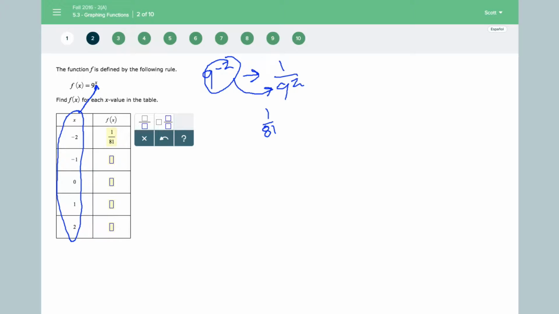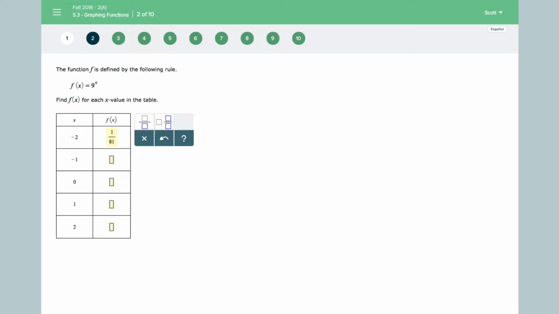Now, if we do the same thing with -1, we have 9 to the -1. The negative means this whole piece is going to flip in the fraction. So it turns into a 1 over 9 to the 1 power. Well, what's 9 to the 1 power?